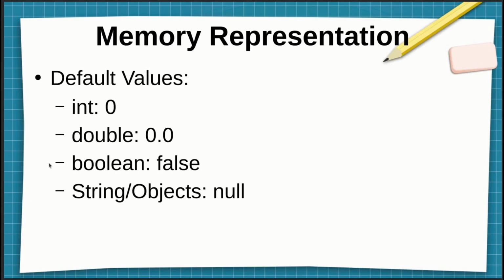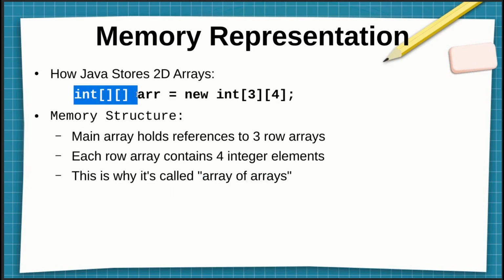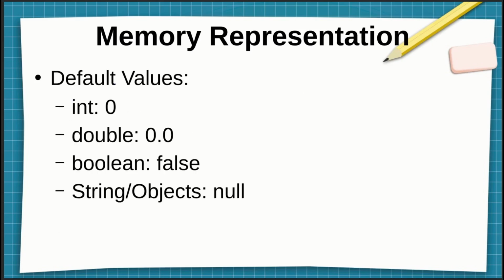What else? The default values. If we were to create our array as it is in this illustration and leave it like that, the array is created and those memory locations are there. If we do not add any elements to them, the memory locations are going to be filled up, and that is where the default values come in.